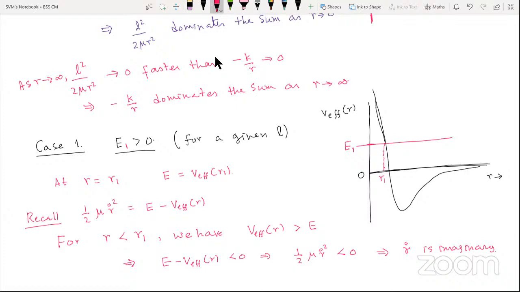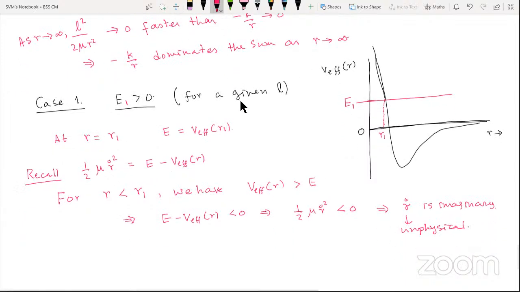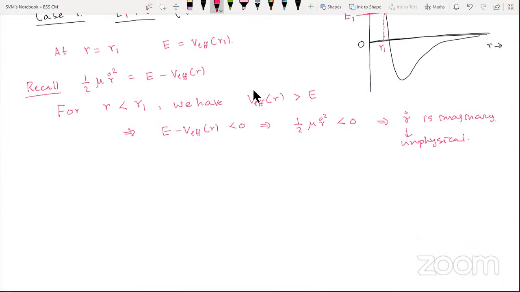And this is unphysical, because this is velocity. So this is unphysical. What does that mean? That means such a thing will never happen. So what that physically means is that there is a force center here. Okay, so this is your force center.